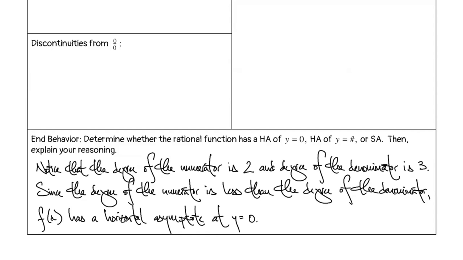So we're saying, look at the degree of the numerator, it's 2, and the degree of the denominator is 3. And just going back to those rules we talked about earlier, since the degree of the numerator is less than the degree of the denominator, the function has a horizontal asymptote at y equals 0. Okay. So if you're like, I never know how to explain my reasoning, I'm going to try and put some of these examples in here. So hopefully that'll be something to help us think about how to explain things. Okay.